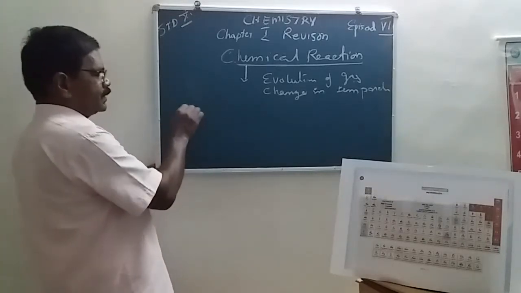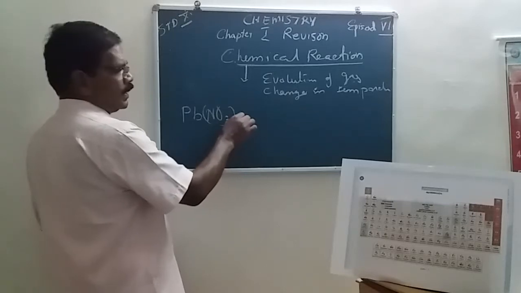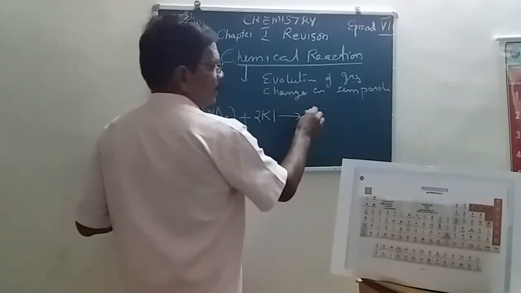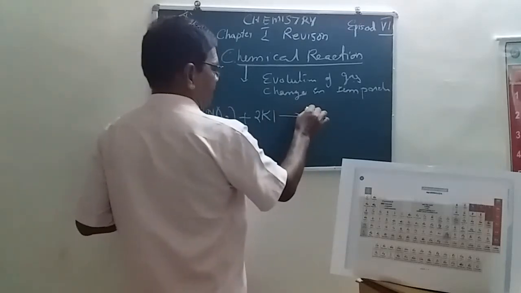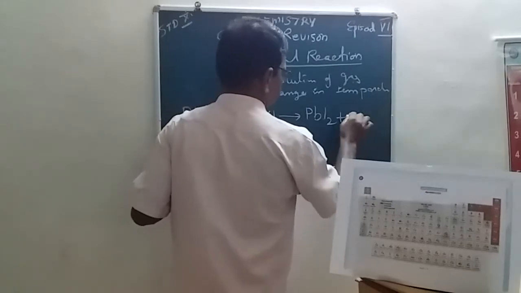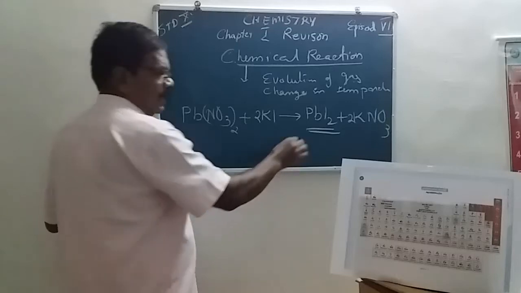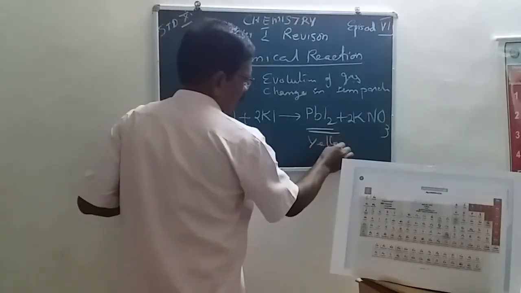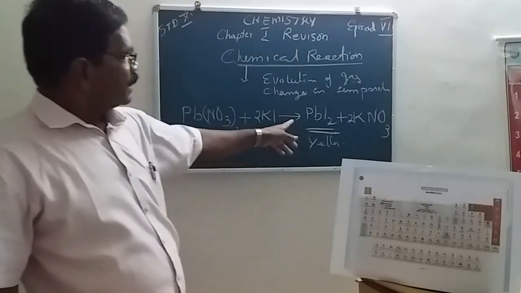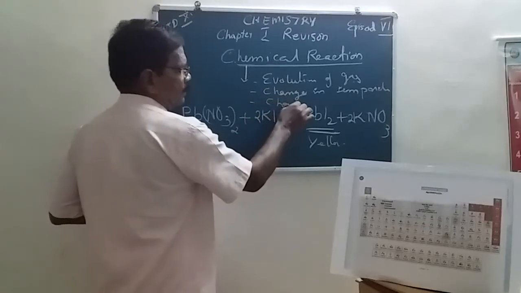When lead nitrate is added to potassium iodide, we get a yellow precipitate of lead iodide. This lead iodide is yellow in color. The lead nitrate is white in color.